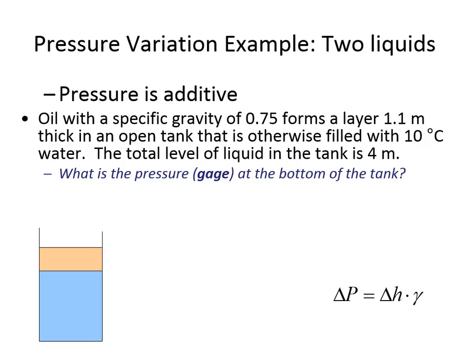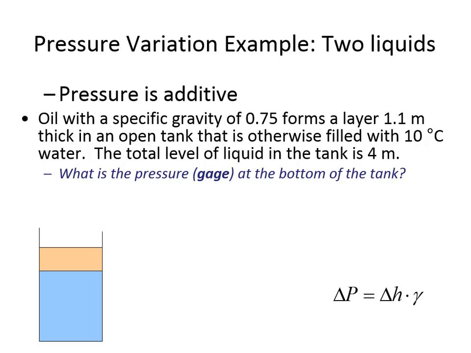And so the unit weight of the oil is 7357.5 newtons per meter cubed. Okay, so water is 9810 and this oil is 7357.